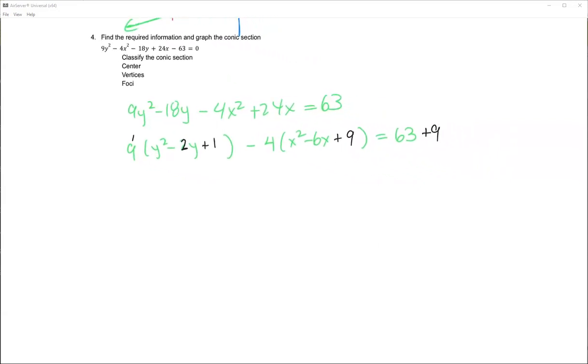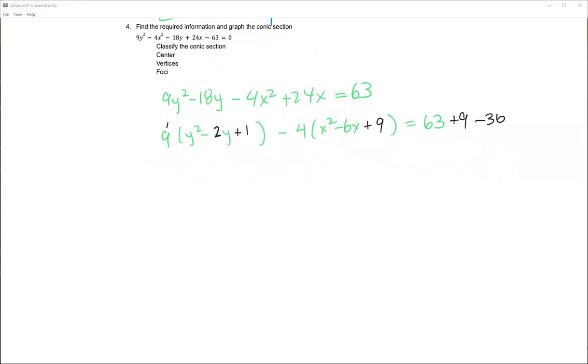Because it's -4 times 9, minus 36. Okay. So this will be 9 and then y minus 1 squared minus 4 and then x minus 3 squared is equal to 63 plus 9 is 72, minus 36 is 36, right? Is that right?